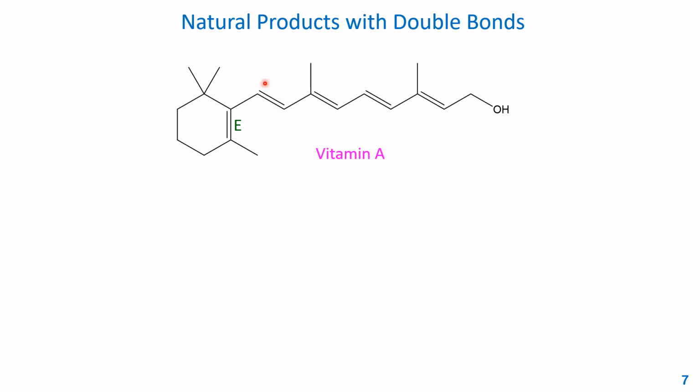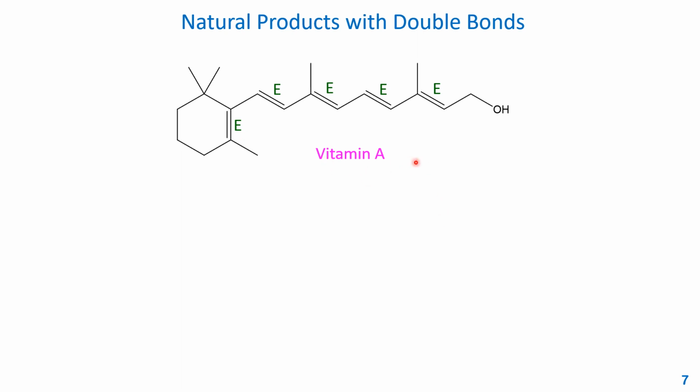So this double bond is E. For the next double bond, higher priority is opposite, that's also E. This one, also E. This one, higher priority opposite, also E. This one, also E. So that's all E.